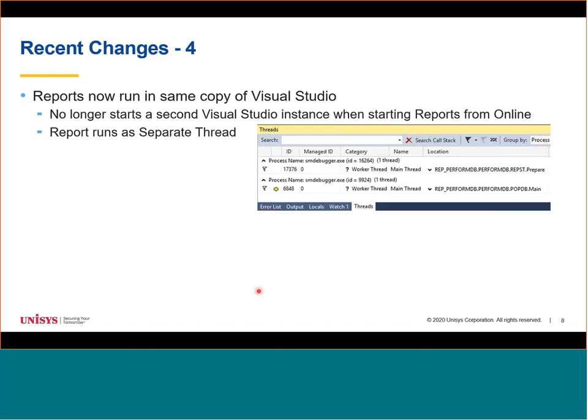A little bit off topic, but if you have any requests you'd like the product to be able to do, or any features you'd potentially like in the product, please raise that with us as a new feature suggestion. You raise a support call, and in that support call, say, I'd like this particular feature as a new feature suggestion.